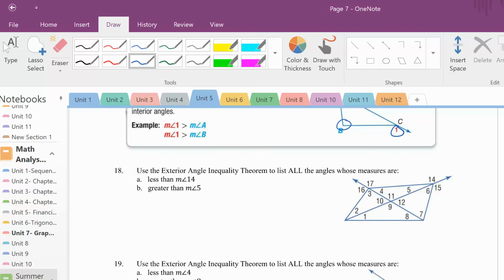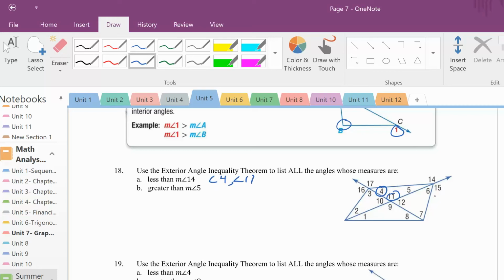If you look at the picture here for number 18, use the exterior angle inequality theorem to list all the angles whose measure are less than measure angle 14. So 14 is here in the triangle. 4 and 11 here are the remote interior angles, so angle 4 and angle 11 are less than it.